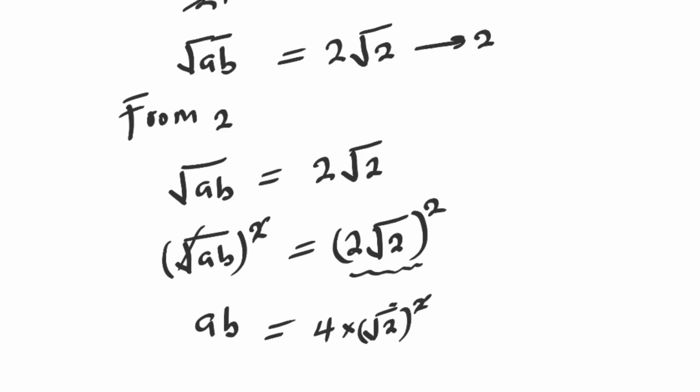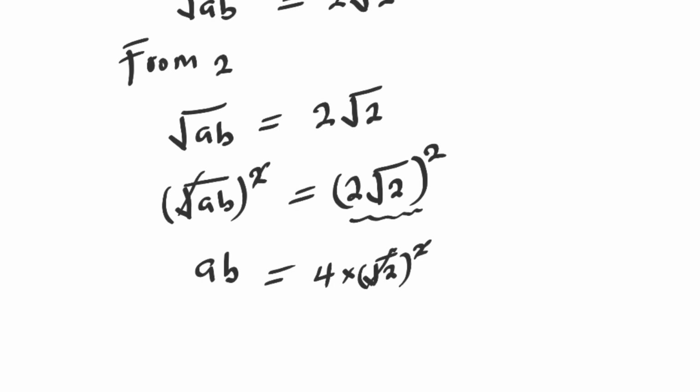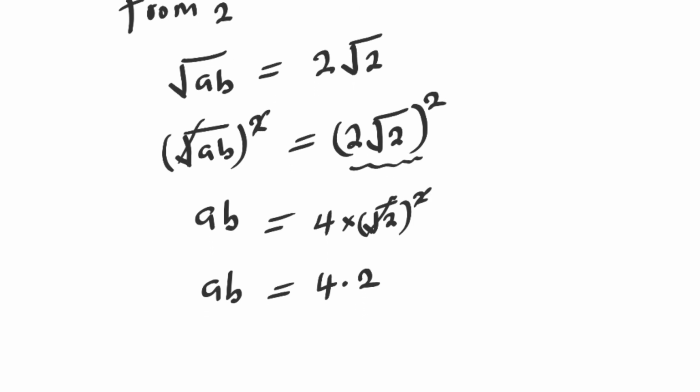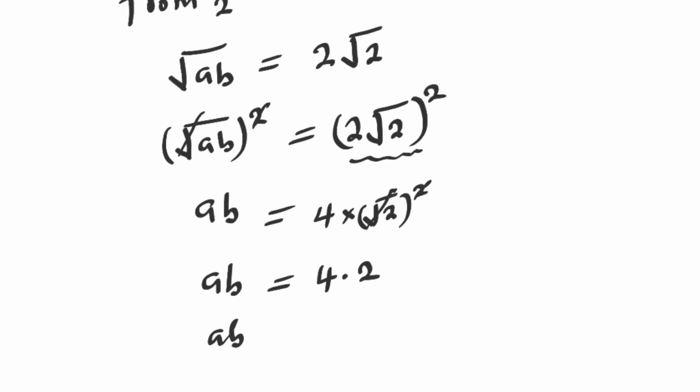This square cancels this square root. ab is equal to 4 multiplied by 2. ab is equal to 8. Let us call this equation 3.